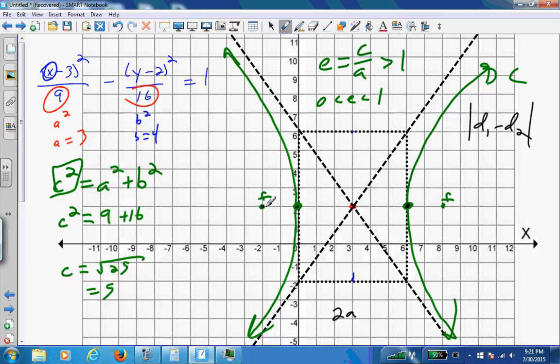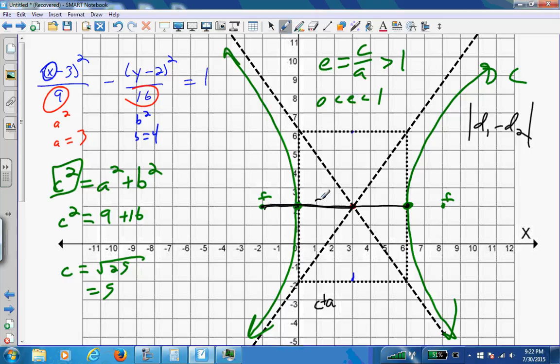I was looking for this distance. So let's do this. From here to here, that's c. From here to here, that's a. So c plus a is that distance.